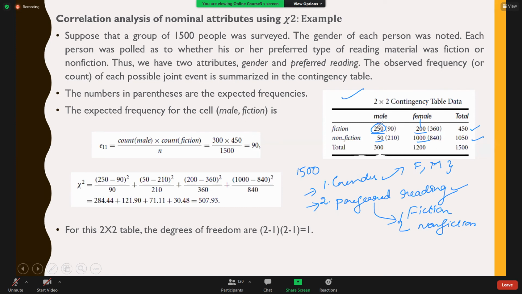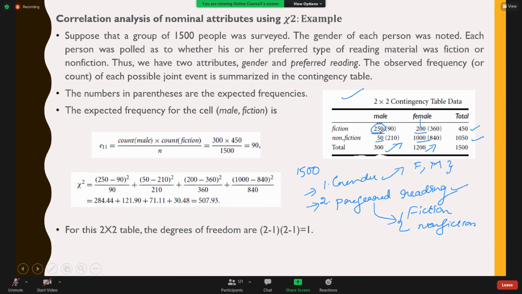And if you count these column values, 250 plus 50 indicates 300 males were there in the total survey of 1500 people, and 1200 were female. So that is the meaning of this contingency table. From the input survey, we constructed these frequencies in a frequency table, which is the contingency table.